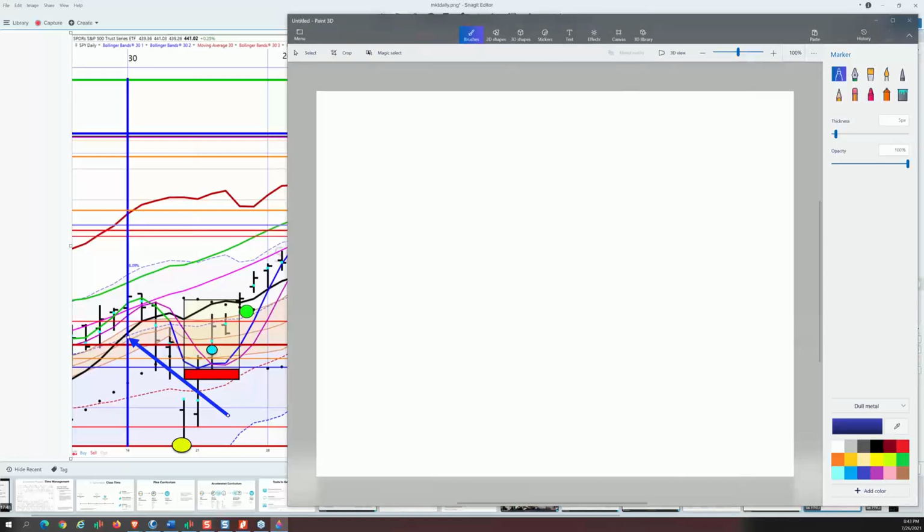All right, so we know that the middle of the river is the 30-period simple moving average. And we know that the edge of the river is +1 and -1 SD.